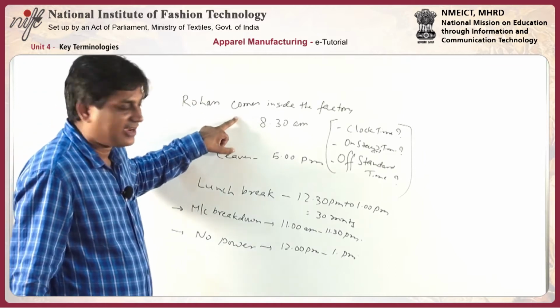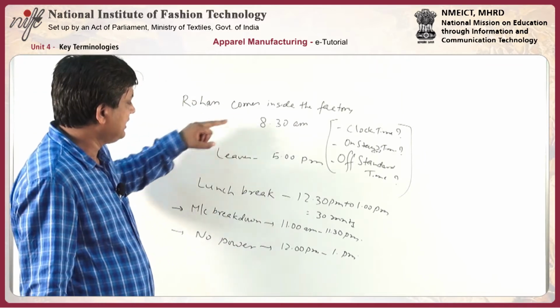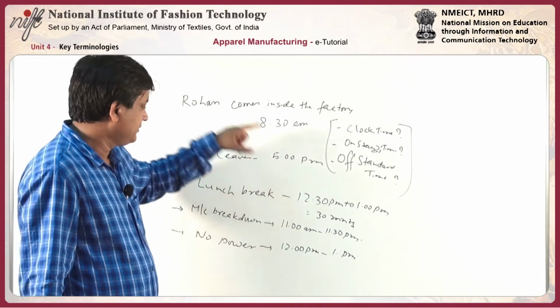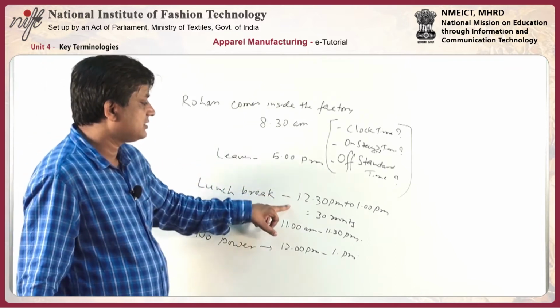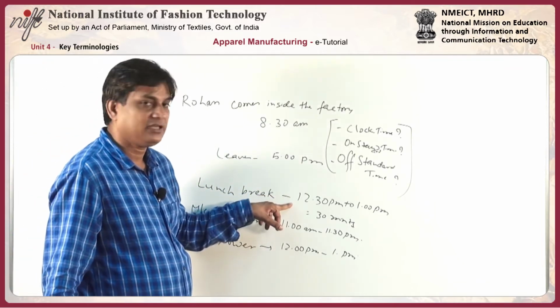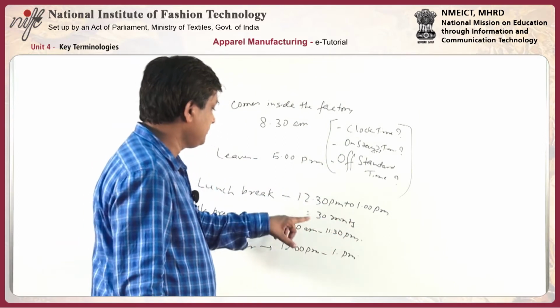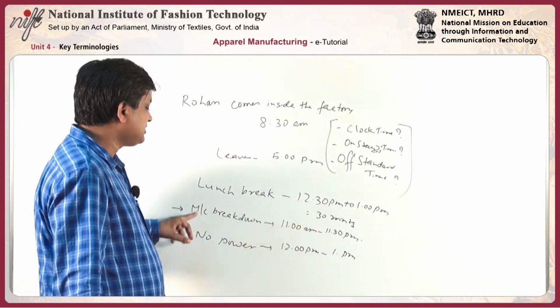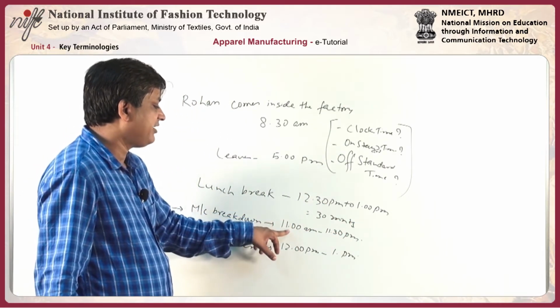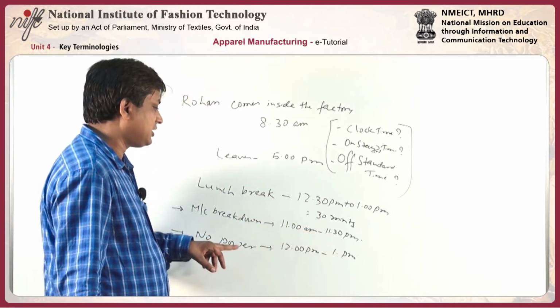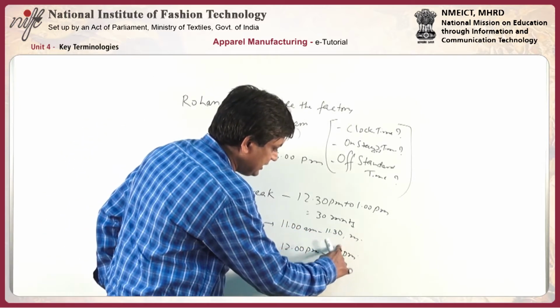Rohan comes inside the factory at 8:30 a.m. He leaves the factory at 5 p.m. The factory lunch break time is 12:30 p.m. to 1 p.m., for 30 minutes. Machine breakdown time is from 11 a.m. to 11:30 a.m.